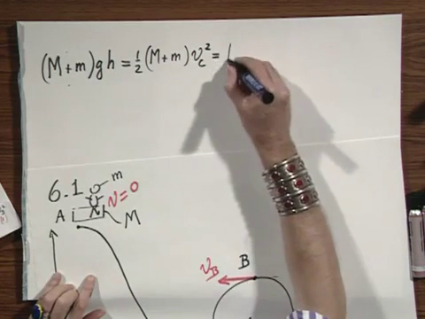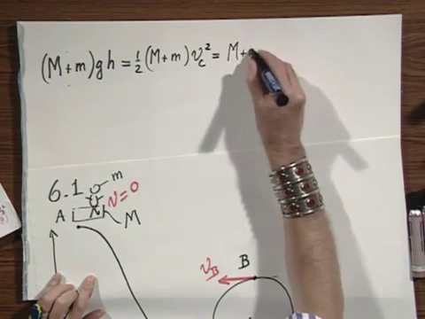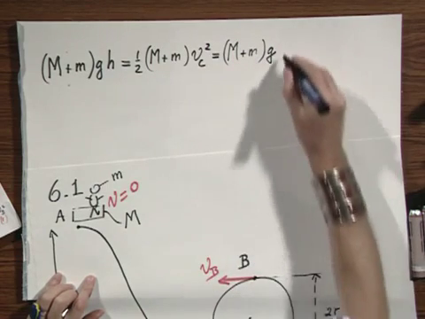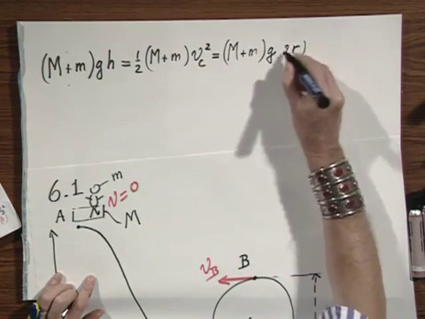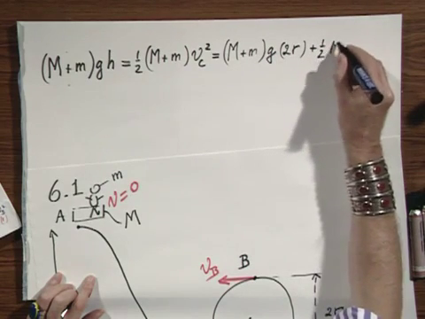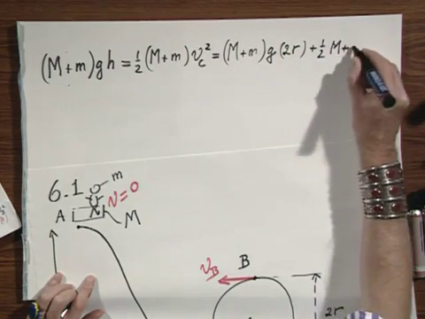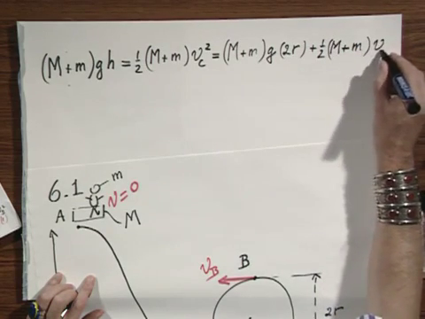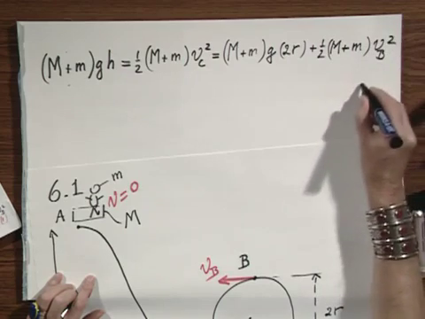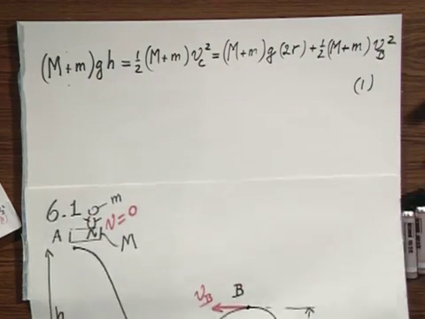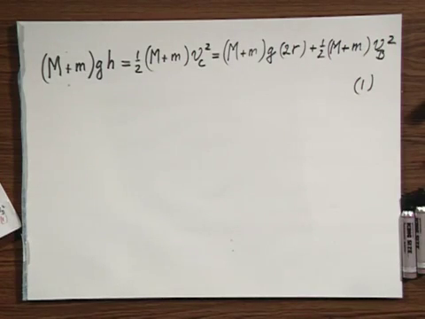So this equals (M plus little m) times g times that height, which is 2r, plus the kinetic energy that we have at point B, 1/2 (M plus m) v at location B squared. This is a very important equation. This is the conservation of mechanical energy.